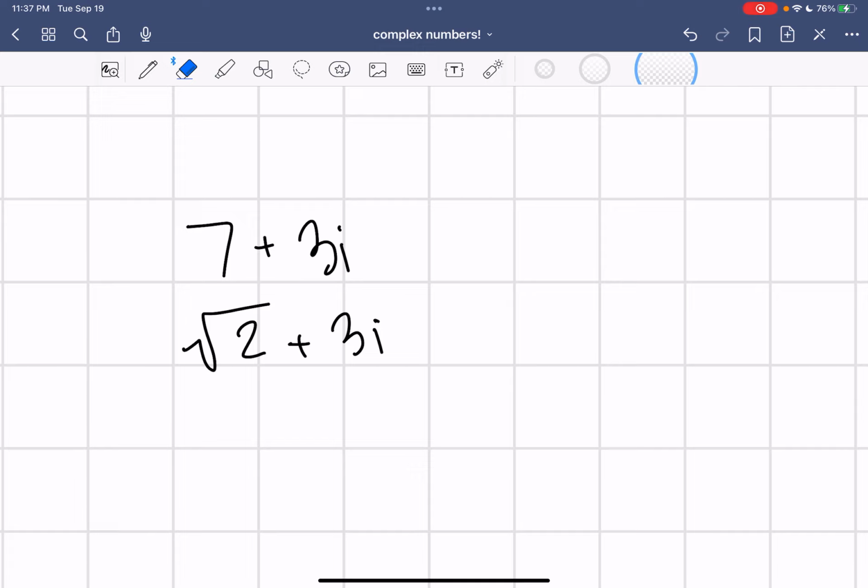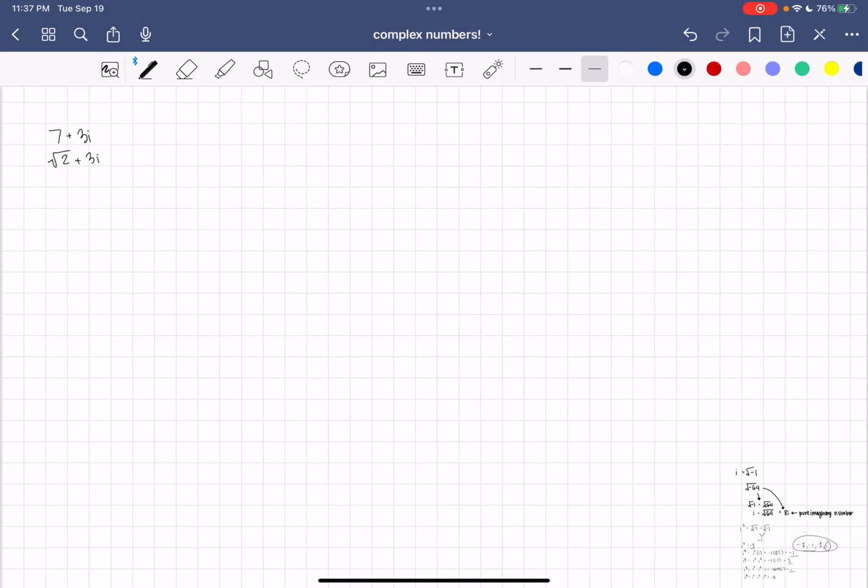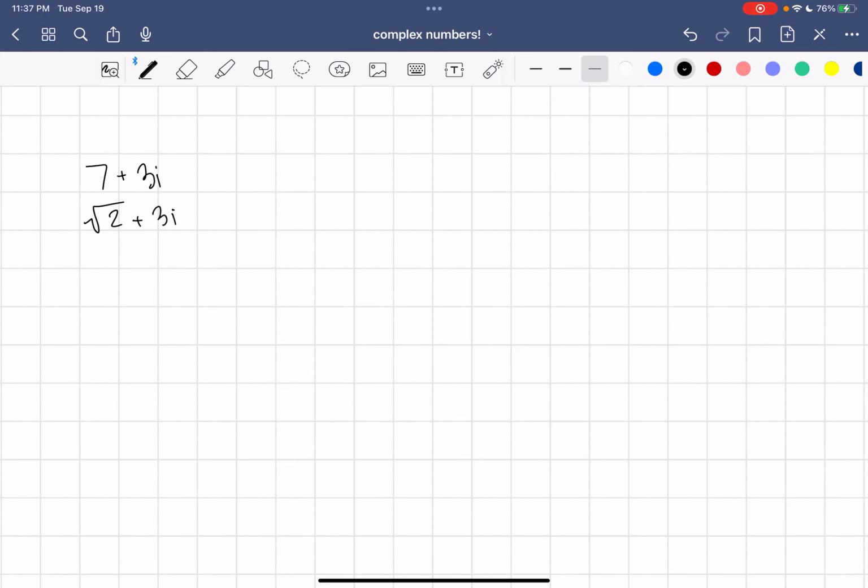Okay, I don't really think you guys need to know the vocab. Maybe I'll do a part 2, because complex numbers are weird.